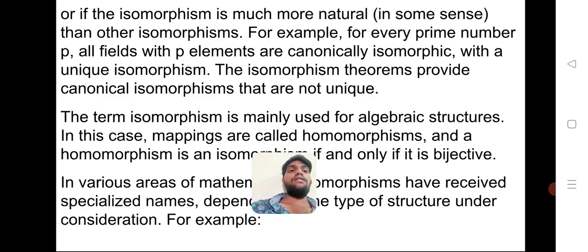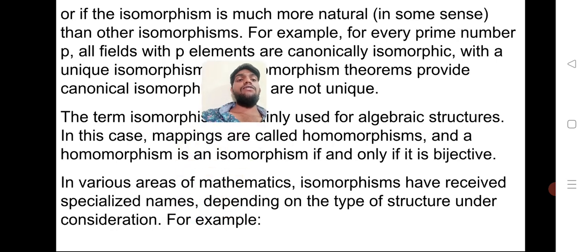For example, for every prime number p, all fields with p elements are canonically isomorphic, with a unique isomorphism. The isomorphism theorems provide canonical isomorphisms that are not unique. The term isomorphism is mainly used for algebraic structures. In this case, mappings are called homomorphisms, and a homomorphism is an isomorphism if and only if it is bijective.